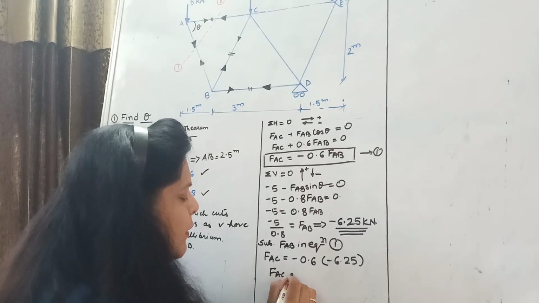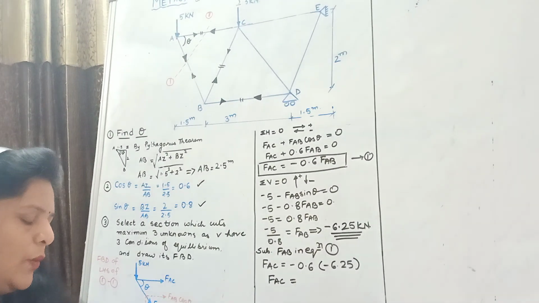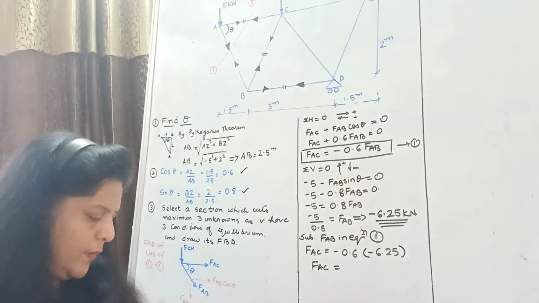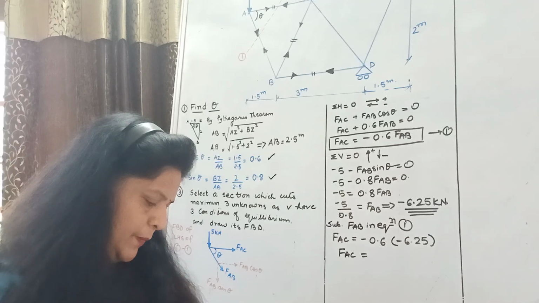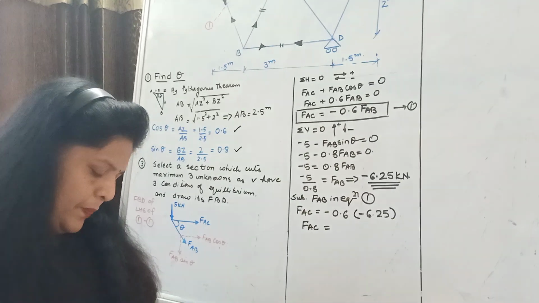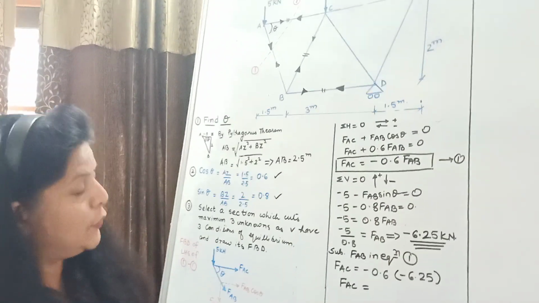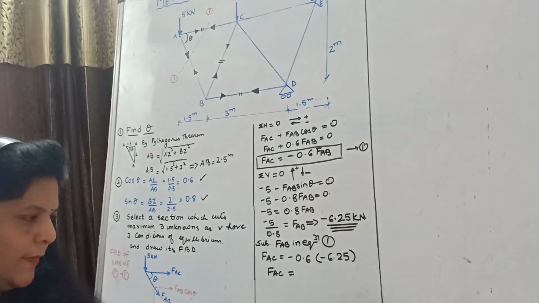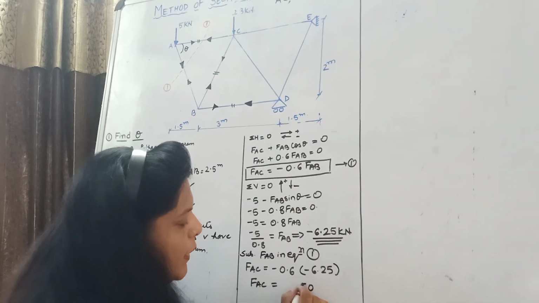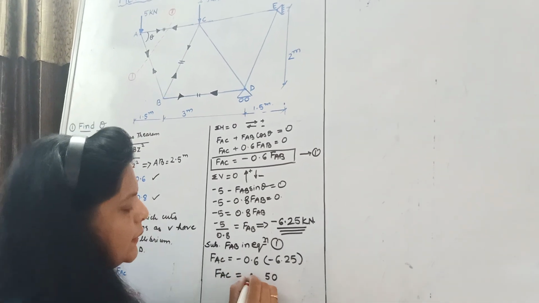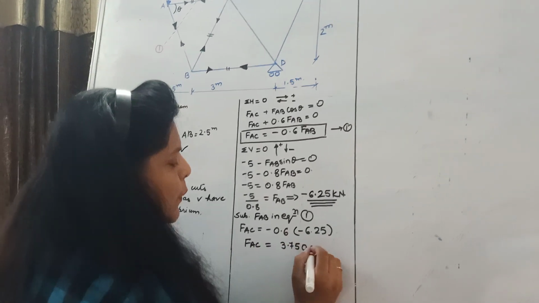Minus minus is plus, so FAC we get as positive. 6 5s are 30, 6 2s are 12, 13, 14, 15, and 6 6s are 36, 37. So it comes around 3.750 kilonewton.